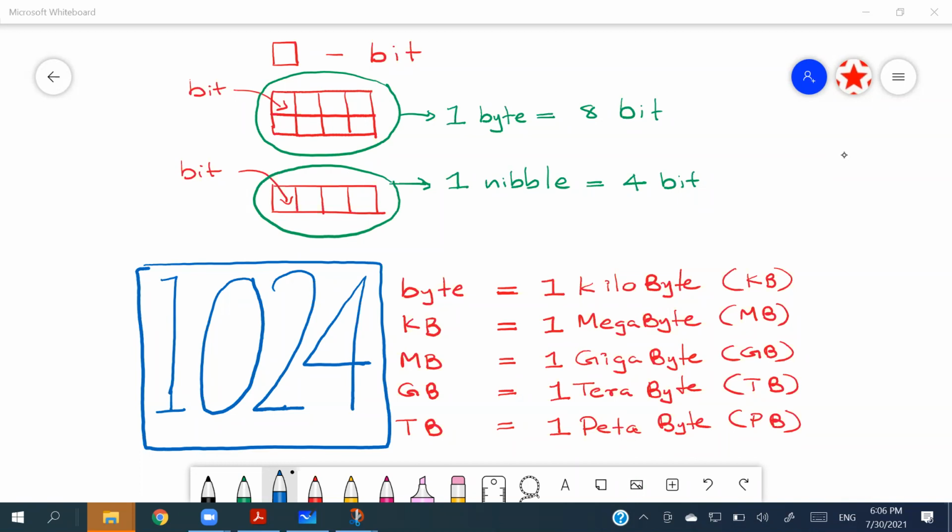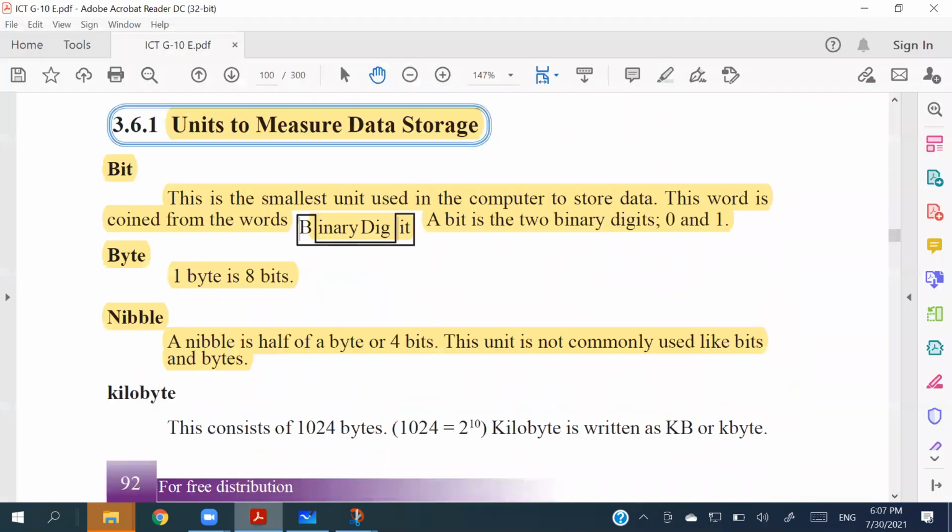All right. Is there anyone still writing this? Okay, so let's move on. Right.